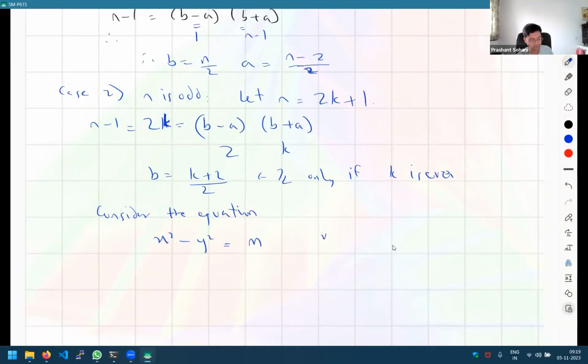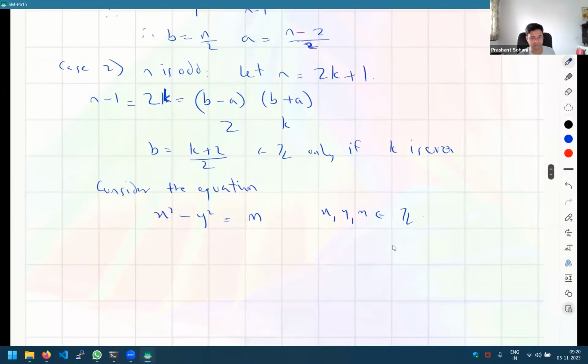Let's use m, where x, y, m are all integers. So what are the necessary and sufficient conditions for this to have a solution for x and y? Let m be fixed, so this is an equation only in x and y. Under what circumstances will this have a solution and will not have a solution?